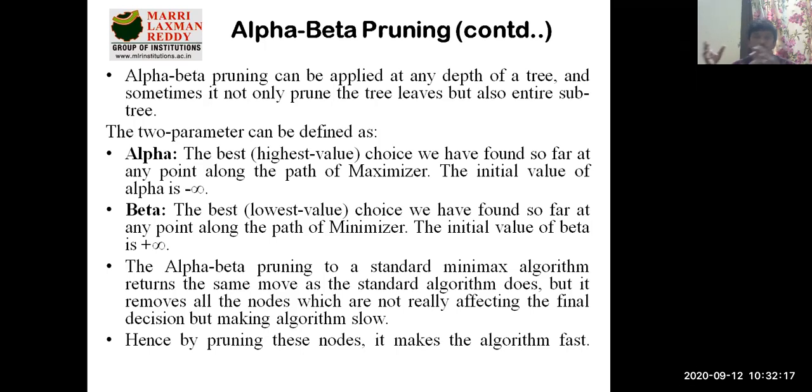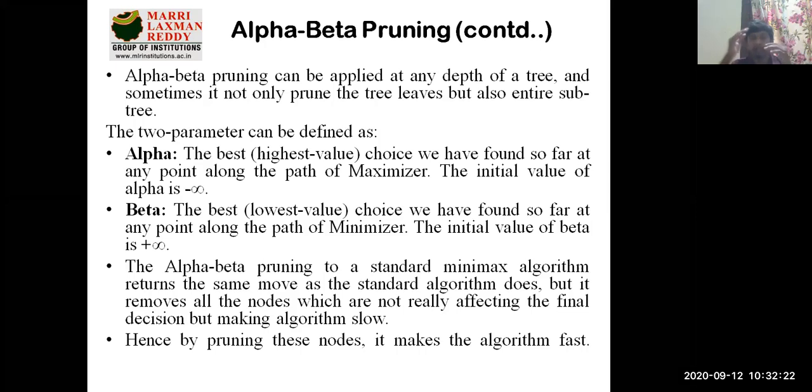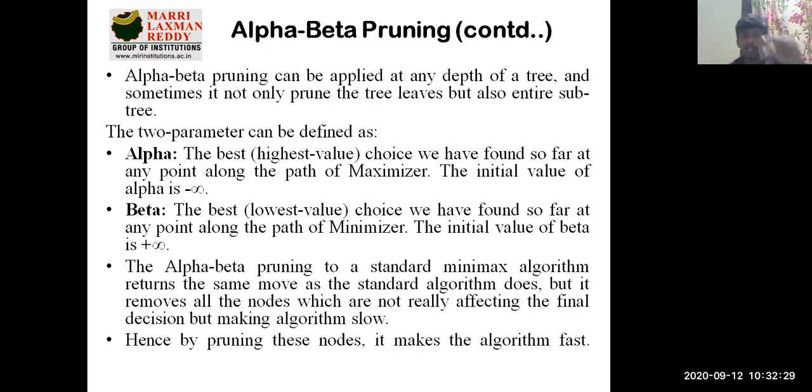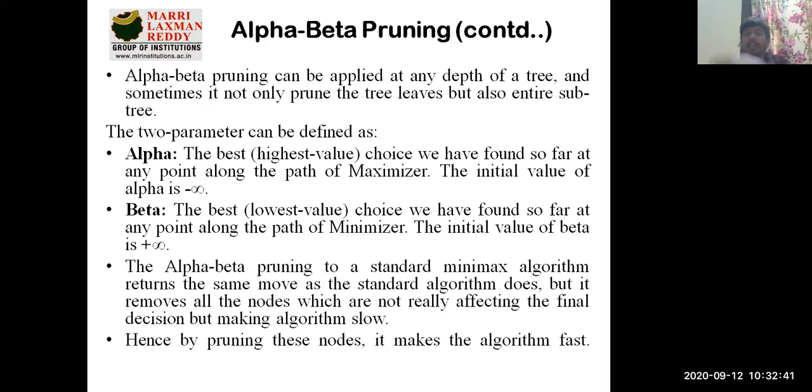Whenever you are given a tree, suppose I have some nodes from A to G, and if I want to reach from A to G, I will have multiple paths, but only one path may lead to less cost, and that will be the best solution. So alpha beta pruning will try not to traverse the nodes which are not actually leading to your destination, because unnecessarily traveling all the nodes may lead to a lot of cost and time wastage.